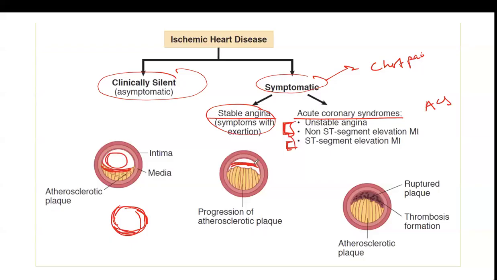They will not be completely blocked. That's why they call it subendocardial infarction, especially this one. So in unstable angina, they have a little bit more space left, and then they become more and more blocked. That becomes non-ST elevated MI. And when it becomes completely blocked, it becomes ST elevated MI.